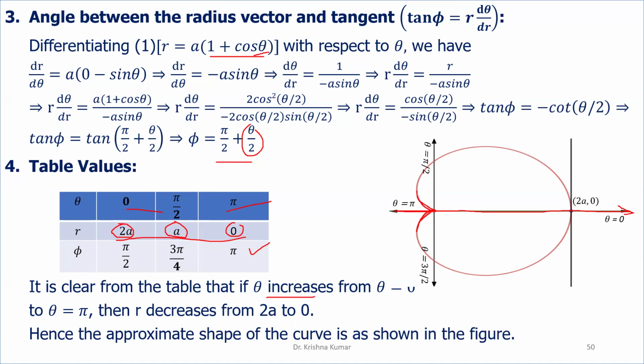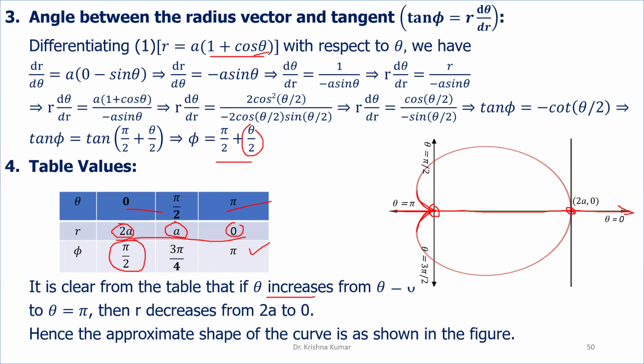Now, second thing, at theta equal to 0, the value of r equal to 2a. This is the pole, and this is the another point at distance 2a. And at this point, what is the tangent?